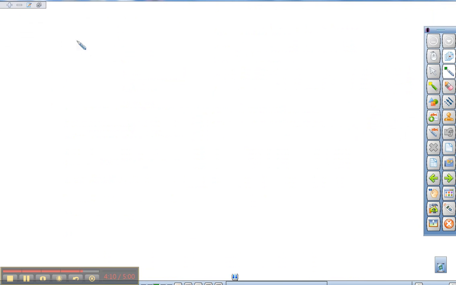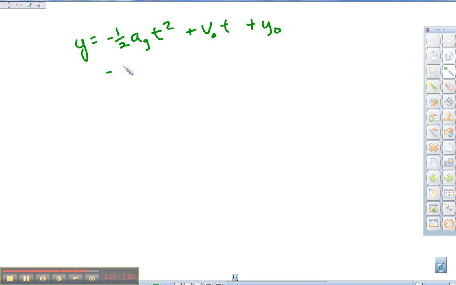Here we're going to have y equals negative 1/2 a sub g t squared plus v naught t plus y naught. And we're going to say negative 4.9 t squared. I'm skipping the 9.8 step, but hopefully you know that. Plus 7t plus nothing equals nothing.